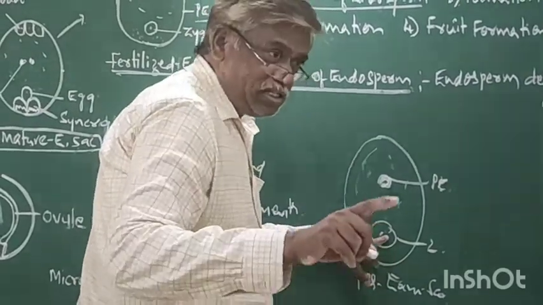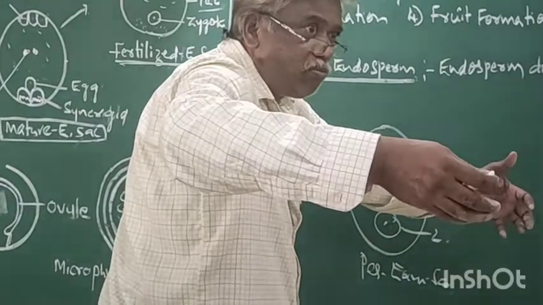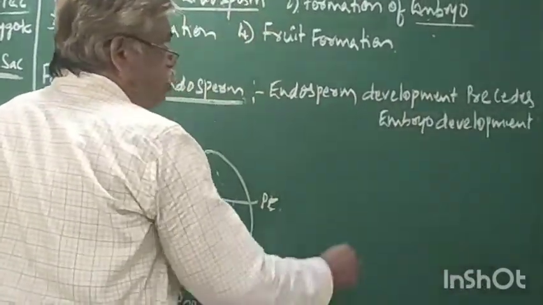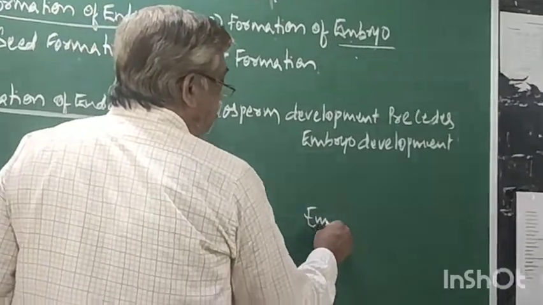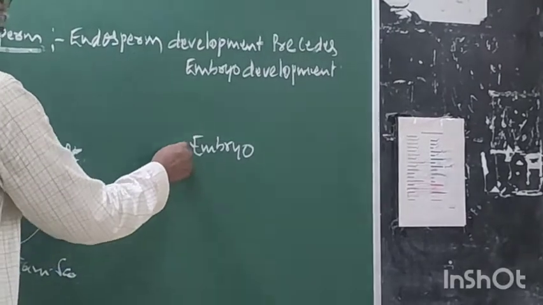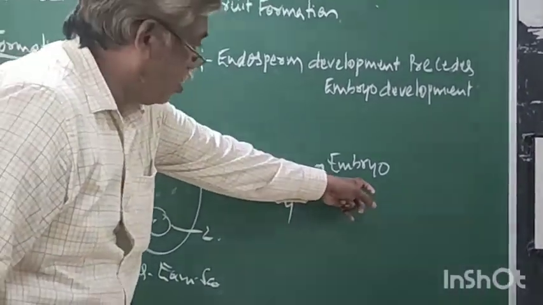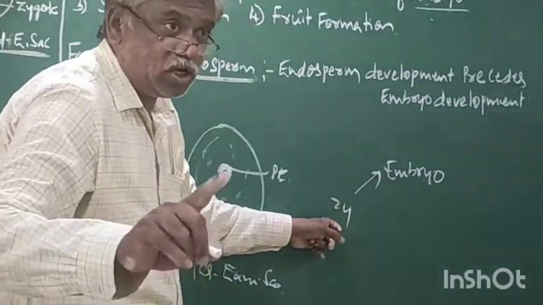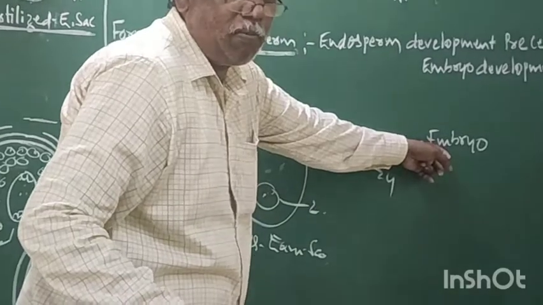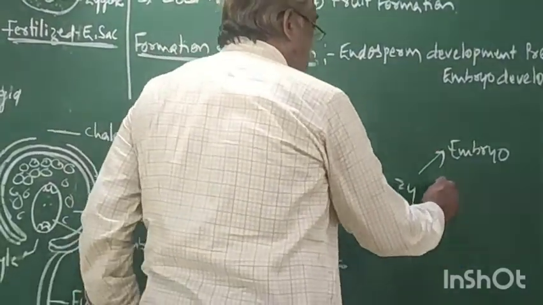This single diploid cell undergoes division and forms tissue. The tissue is the embryo. That means embryo formation from the zygote. Without zygote, there is no embryo. Embryo is multicellular, zygote is unicellular. How does the unicellular zygote become a multicellular embryo? By division and differentiation.